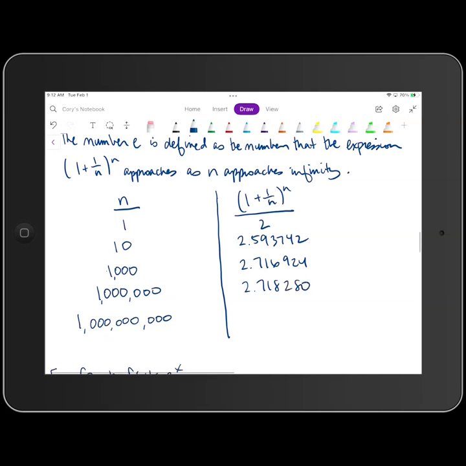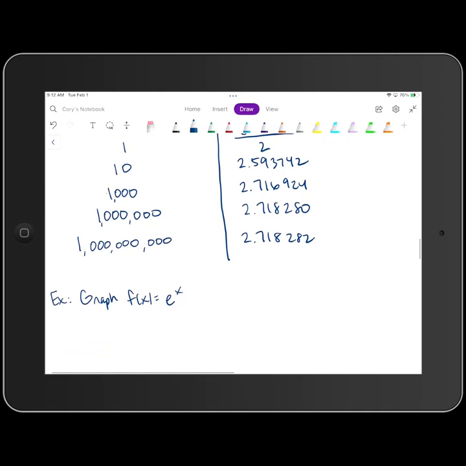And when n is 1,000,000,000, I got 2.718282. Okay, so that means that the numeric value of e, so in math, we typically round to 3 decimal places. So e is approximately 2.718.